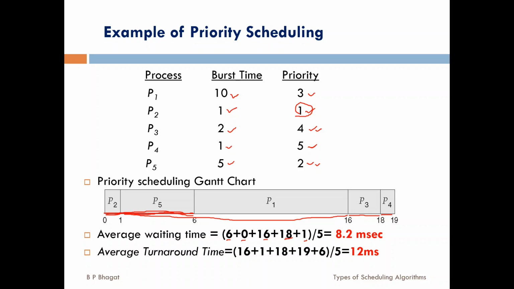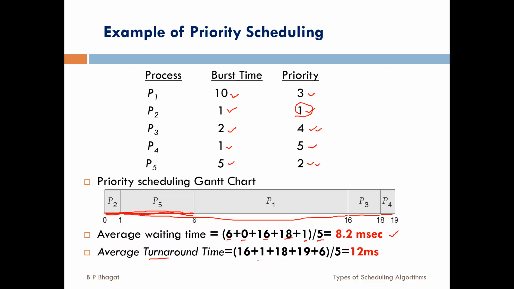So adding all the waiting times of all 5 processes and dividing by 5 gives us the average waiting time. At the same time, let us discuss how to calculate the average turnaround time. The turnaround time is the time spent in the waiting state as well as the time in the execution period.